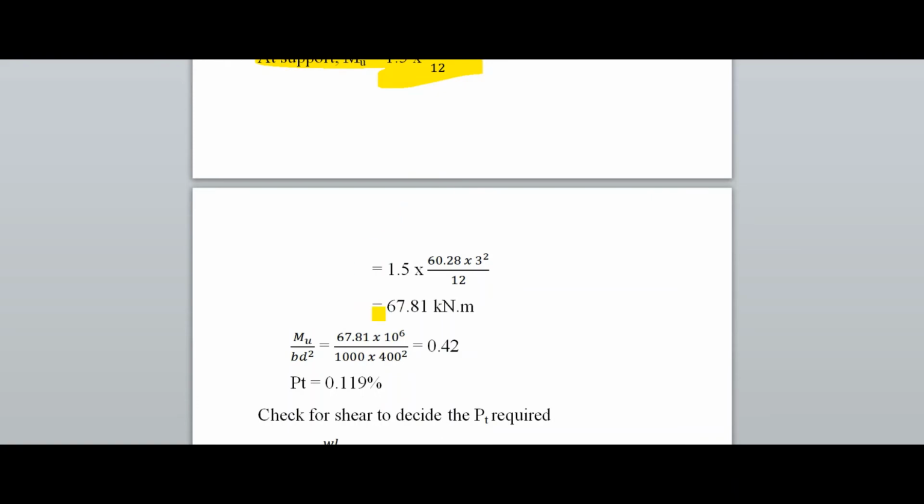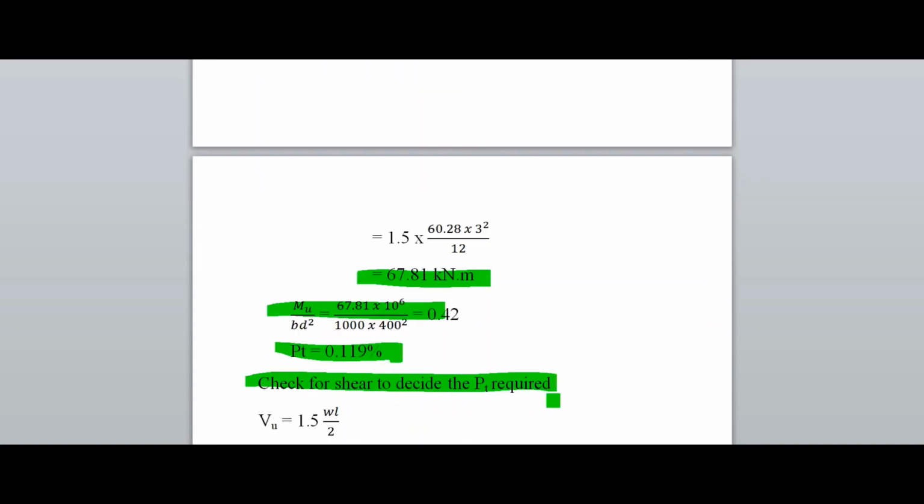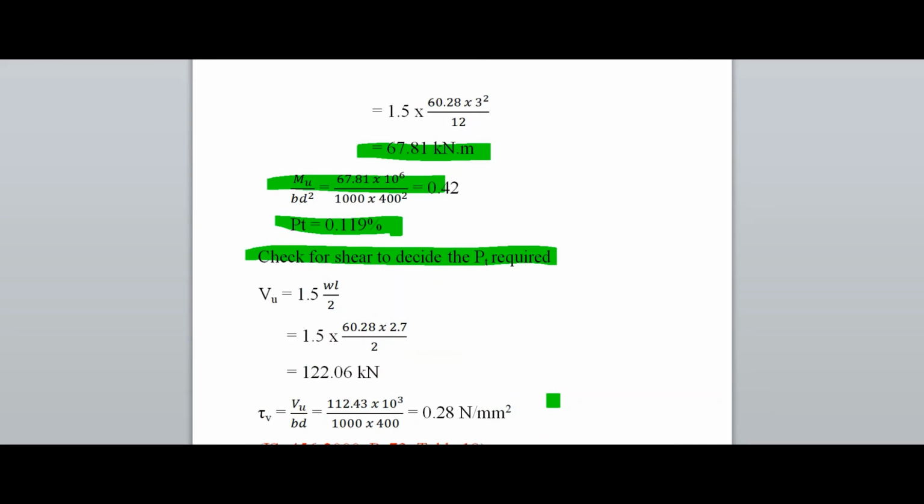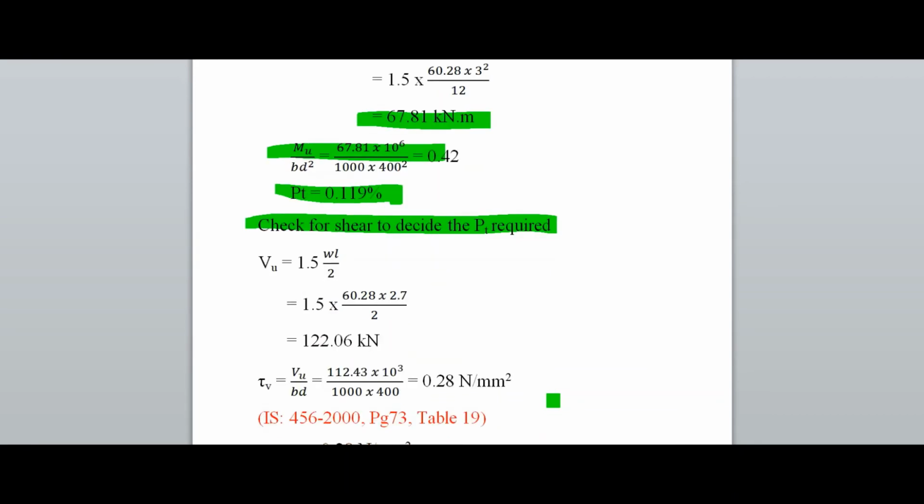By this equation we can find Mu is 67.81, and Mu provides PT. To check for the shear design, is PT required? To this side PT is required. So what I have done here: imagine I calculated the toe slab and found the toe slab fails in shear.